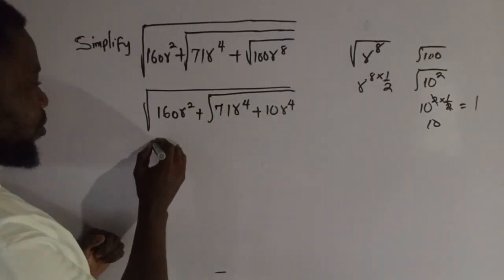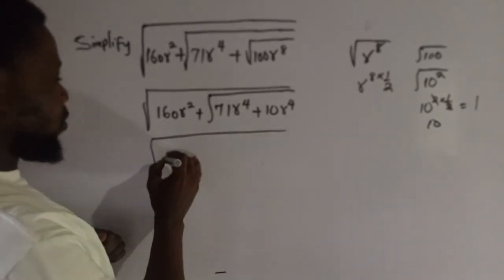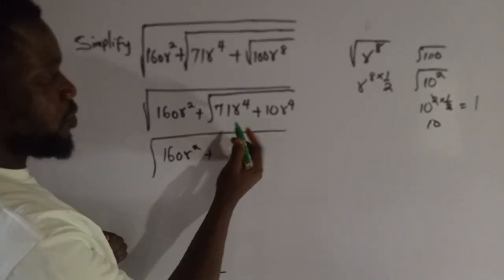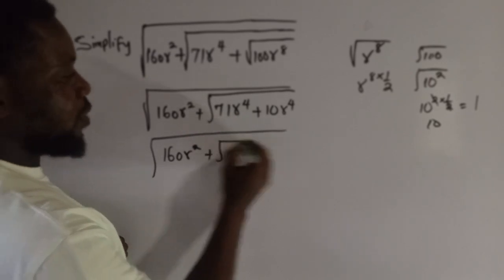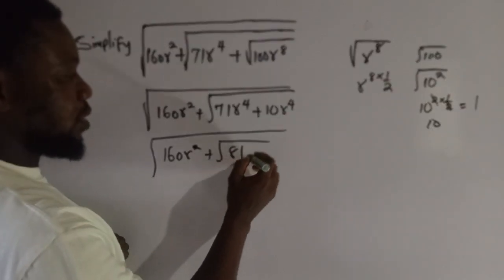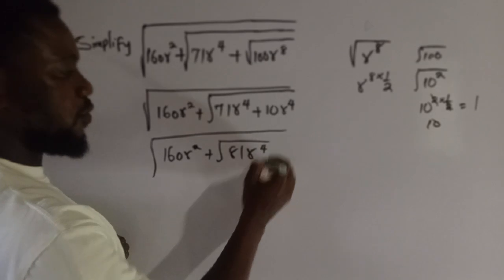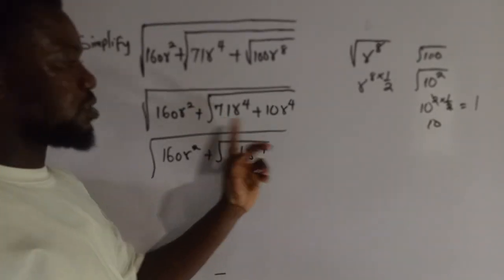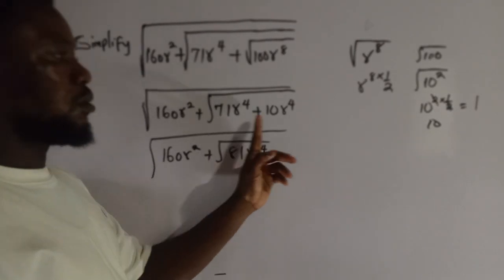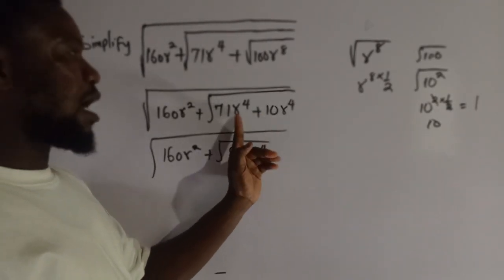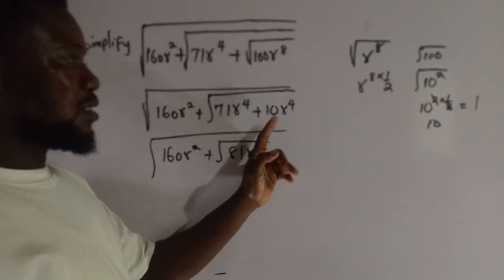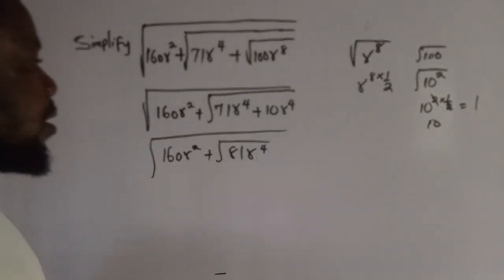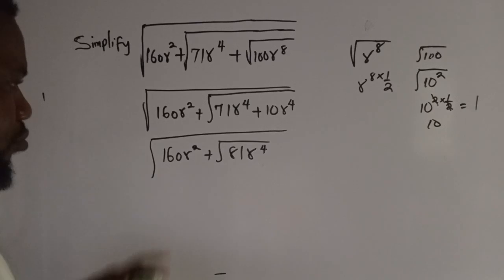So when we sum, we have the square root of 160r² plus, here, 81r⁴, because what we are adding is their coefficients. That is, 71r⁴ plus 10r⁴ gives you 81r⁴.